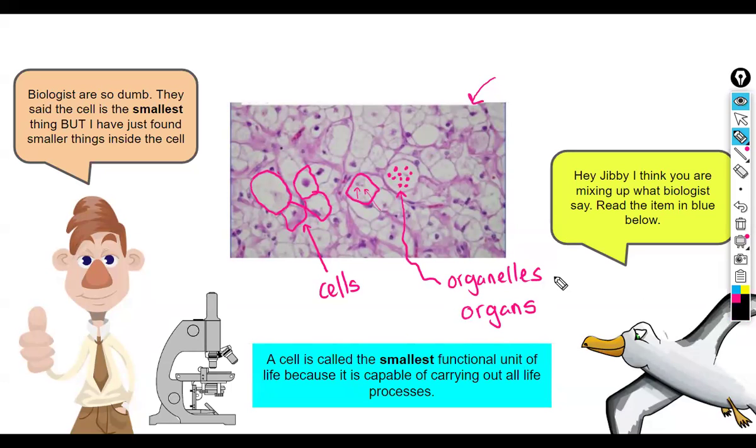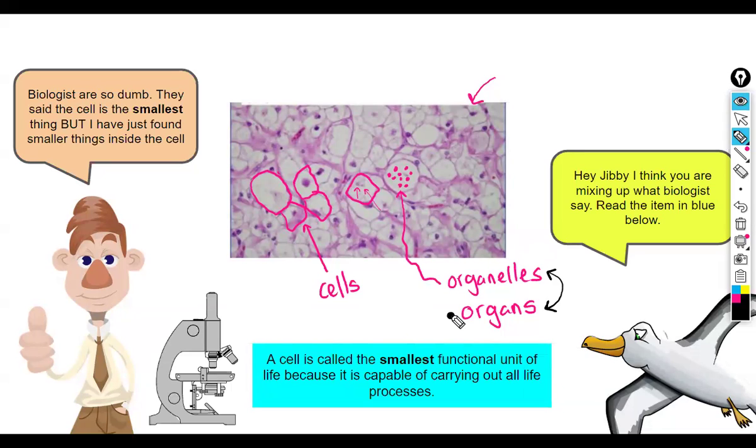Now, do not mix up the word organelles with organs. I'm fed up of seeing people mix up these two words. I think everybody at least has a general idea of an organ. An example of an organ is the heart. Your heart is an organ. Your brain is an organ. Your kidney is an organ.